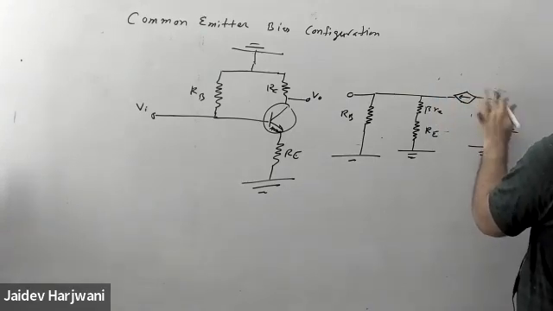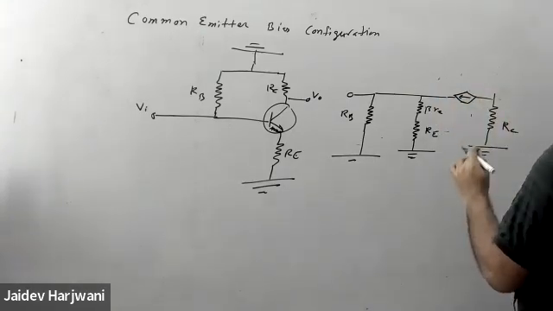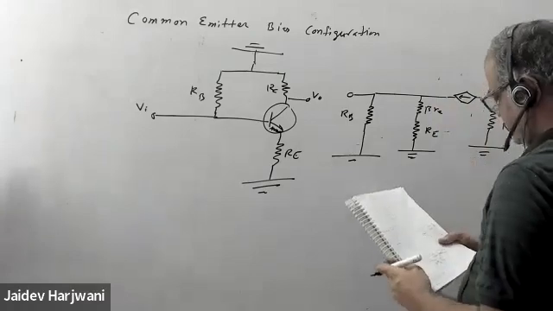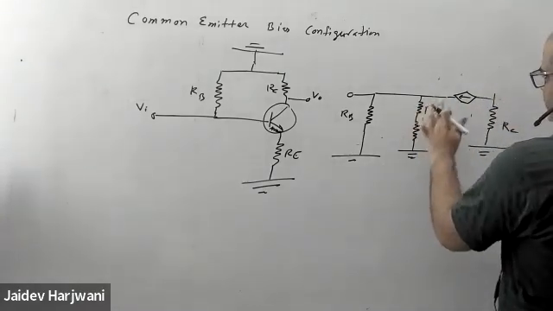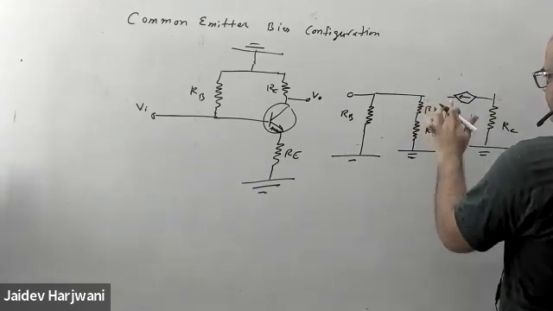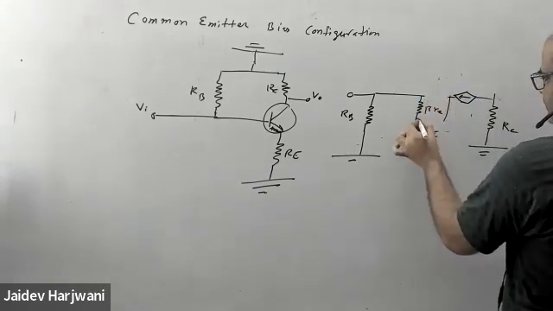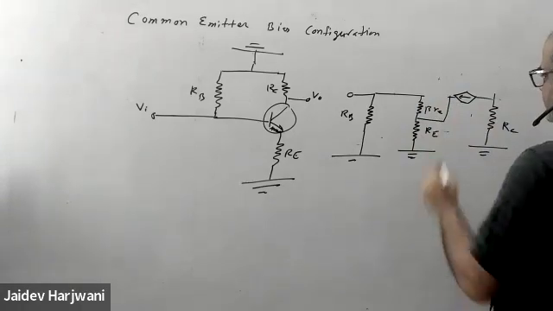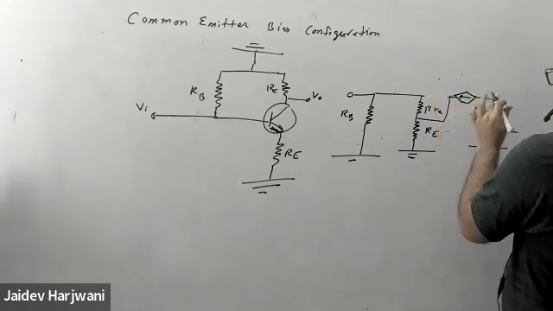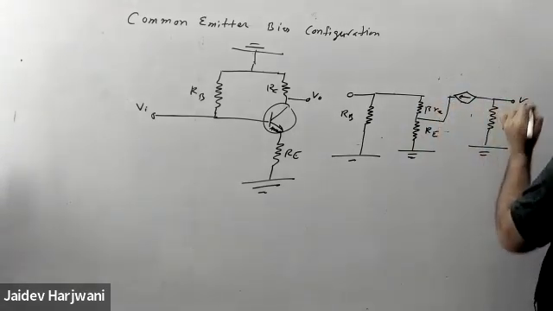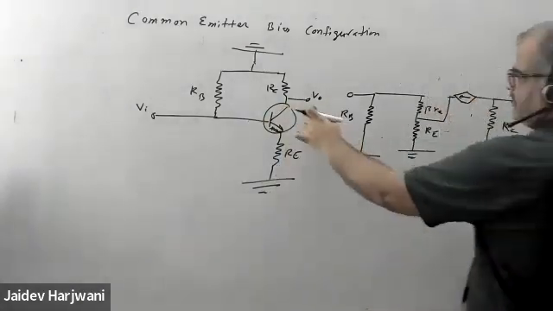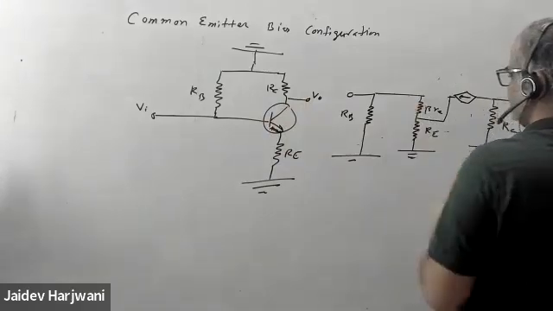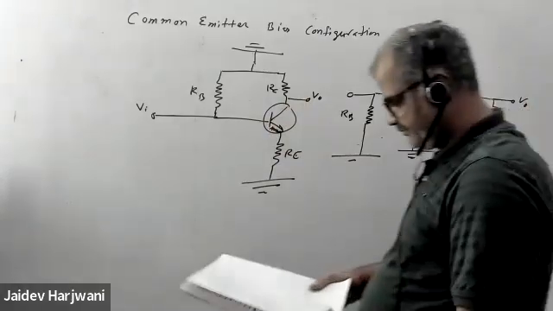But this time you have to remember this beta RE is not connected here. So I have to replace this one like this, and I have to replace this here. This is the correct circuit now. So beta IB, and this is your V naught. Beta RE is not connected to the output terminal. This terminal C is not connected now. So this is your equivalent circuit.